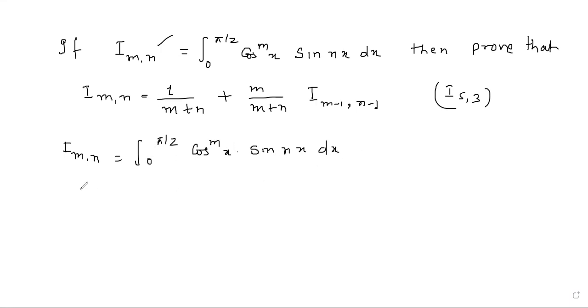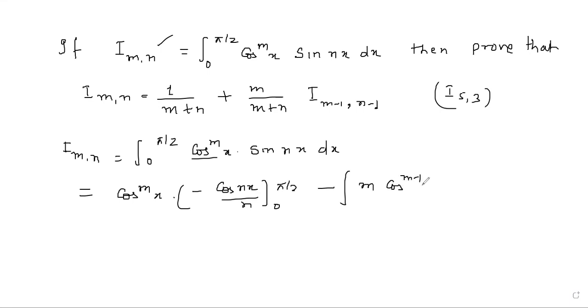We use integration by parts. So cos^m x intact, integration of sin nx is minus cos nx upon n, with limits 0 to pi by 2, minus the differentiation of this thing, m cos^(m-1) x times minus sin x, times minus cos nx upon n dx, limits 0 to pi by 2.